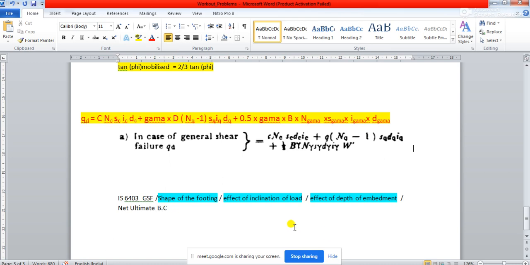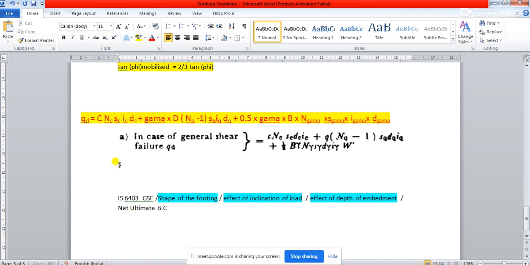So what is being done is that exactly the same equation of Terzaghi remains, only you are introducing two extra factors: the inclination factor, to take care of the effect of inclined load, and the depth factor, which will take care of the effect of depth of embedment.